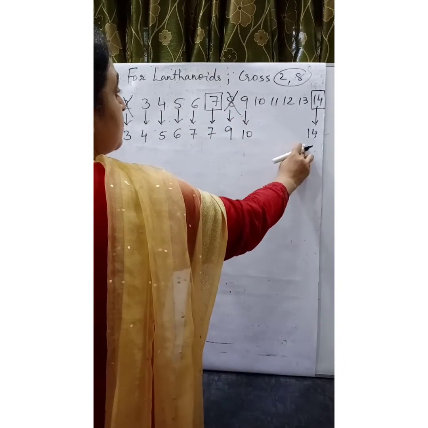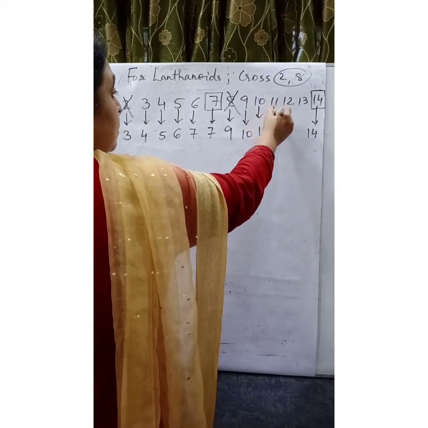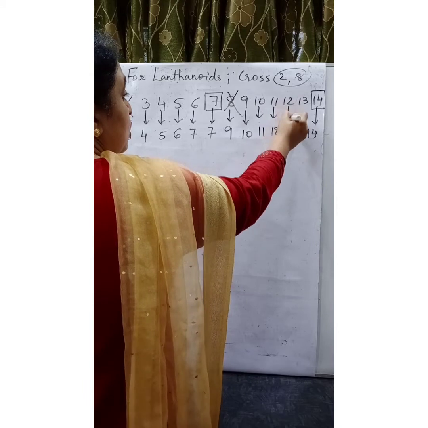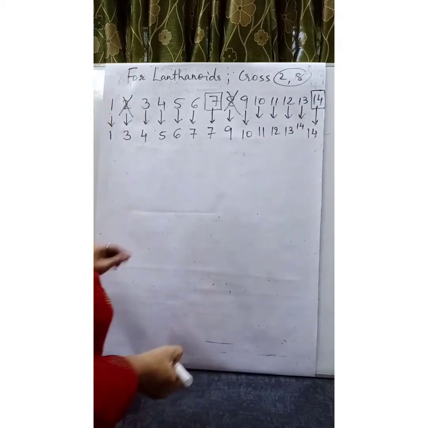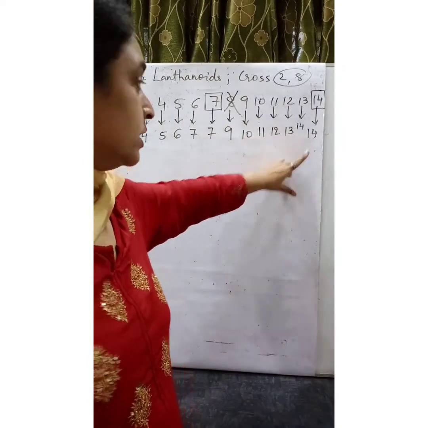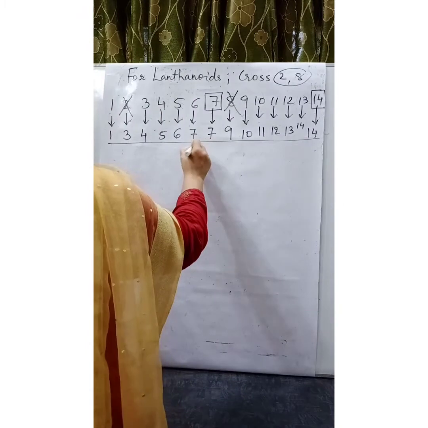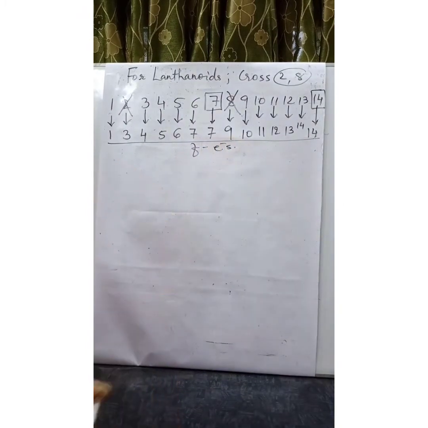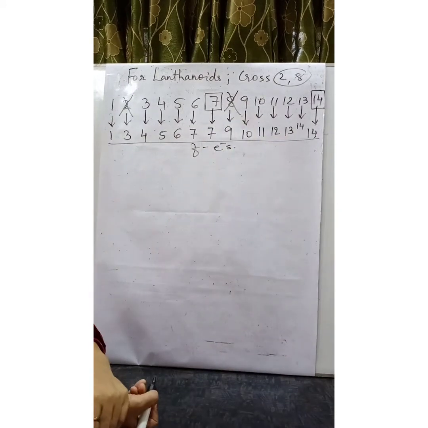Then I will continue my series: below 9, 10; below 10, 11; below 11, 12; below 12, 13; and below 13, 14. 14 is already 14. So these are the electrons to be filled in the f orbital, and we can use this to fill the electrons.